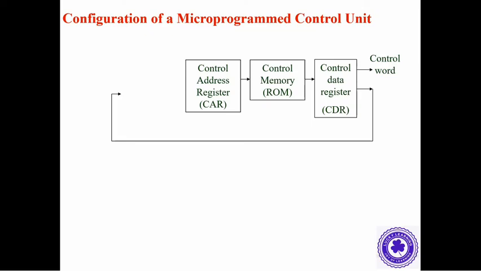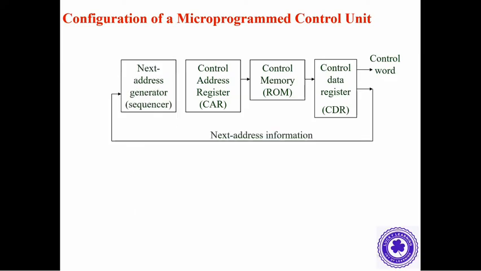It should be decided what the next micro instruction is, and that will be decided by the next address generator circuit, which we also call the microprogram sequencer. This microprogram sequencer is going to decide what will be the next address of the control memory that has the micro instruction to be executed.